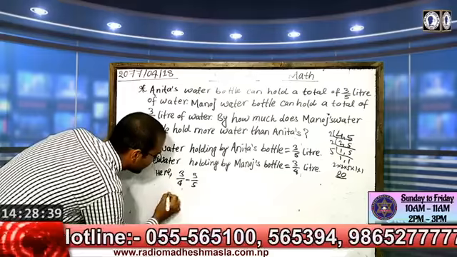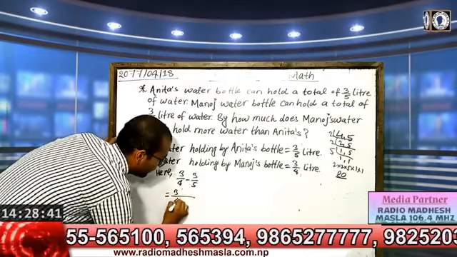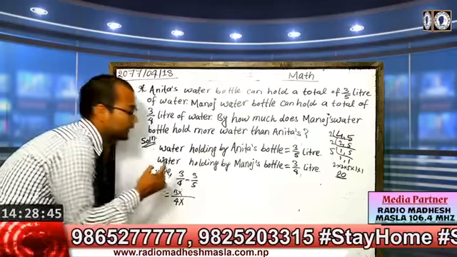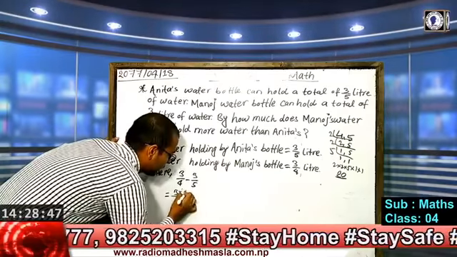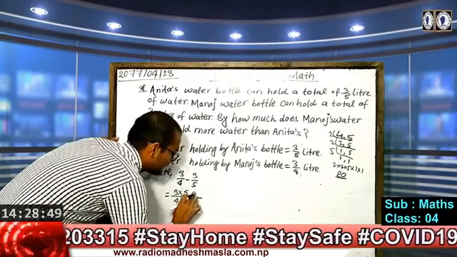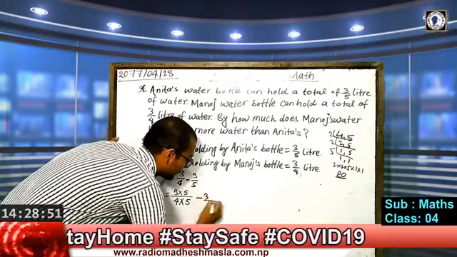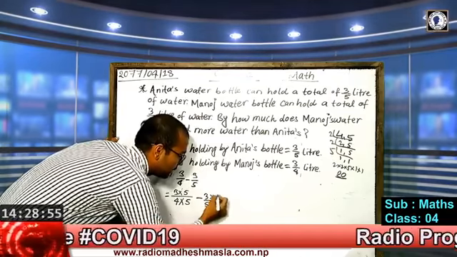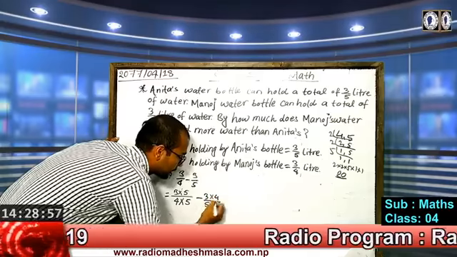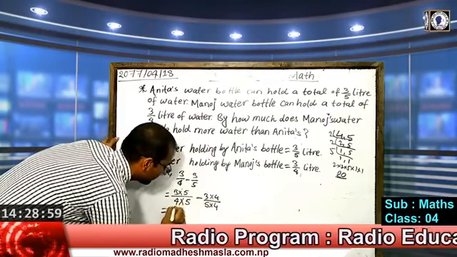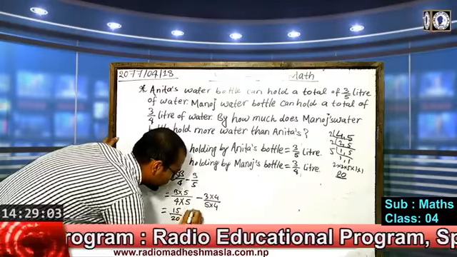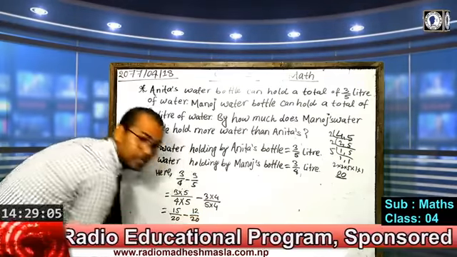So here 3 by 4, and by what number should 4 be multiplied to make 20? 5. Then we multiply the numerator by 5, minus 3 by 5, and again multiply 5 by 4 to make 20. So 5 threes are 15 by 20 minus 3 fours are 12 by 20.